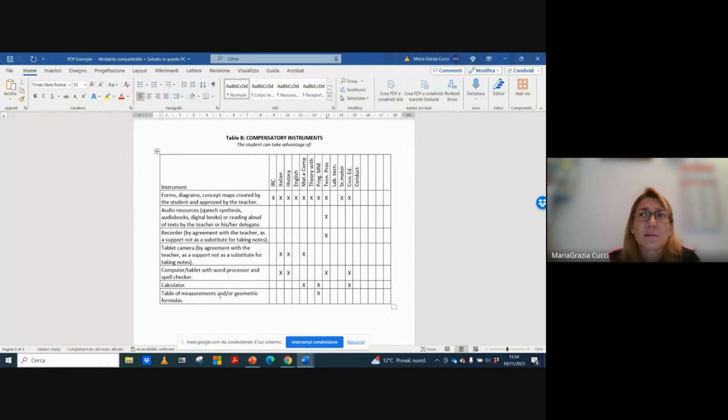Well, we can prepare some exercises not only for this specific student but for all the students, in which it is not so important to remember the formula, but it is very important to have the ability to reason on the problem solving to achieve the result.